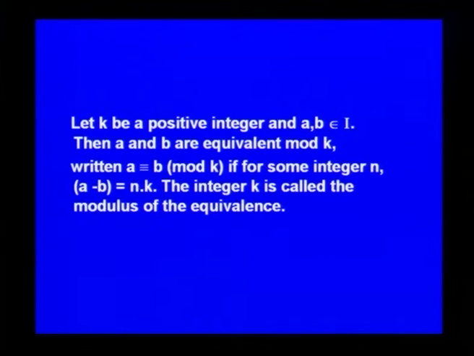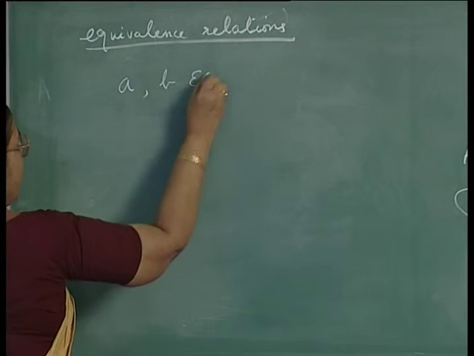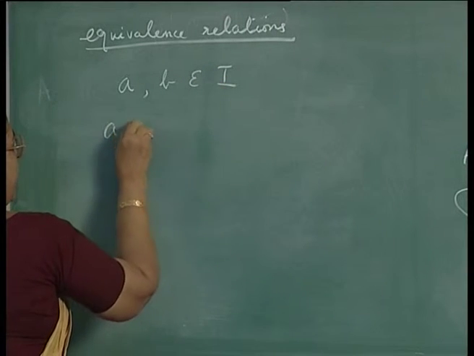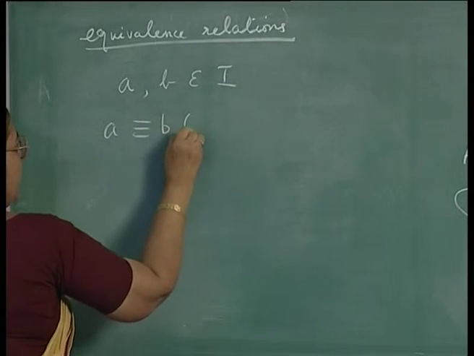You write it as a is equivalent to b mod k, that is, you write it like this.